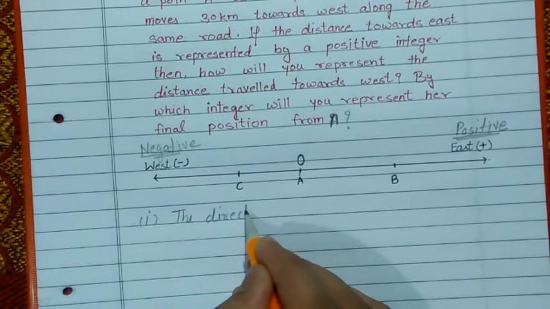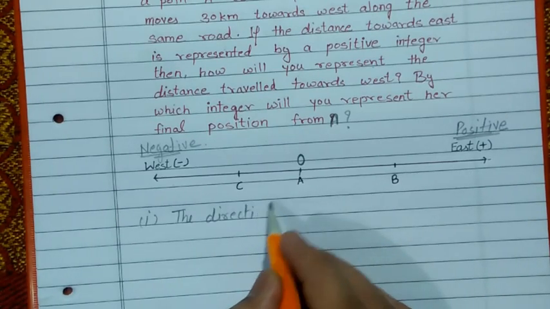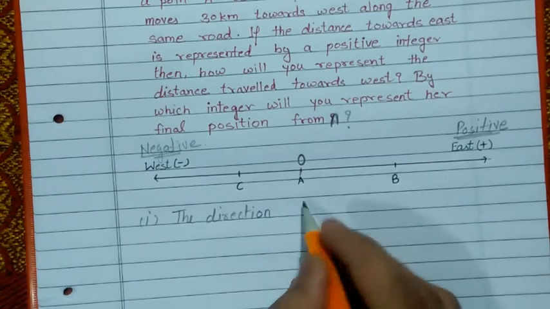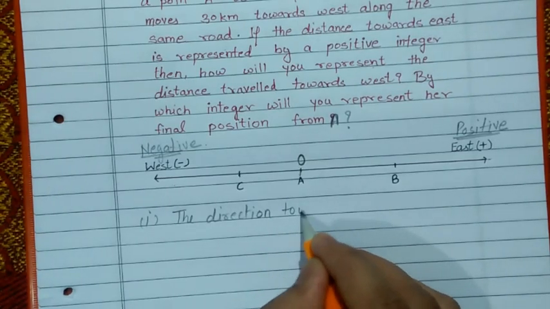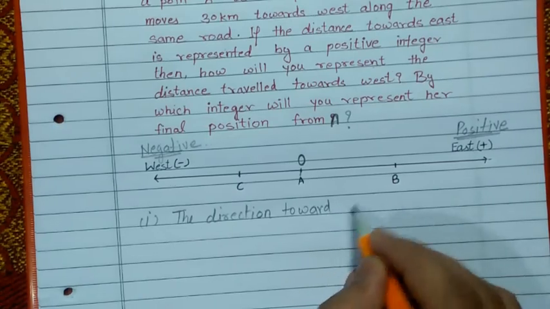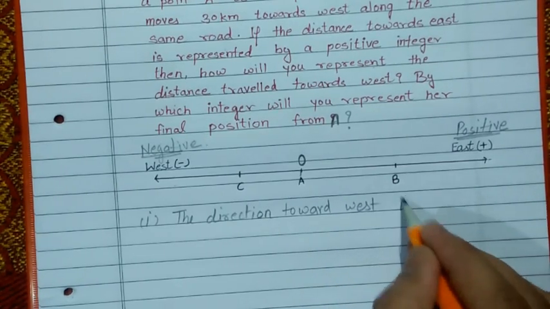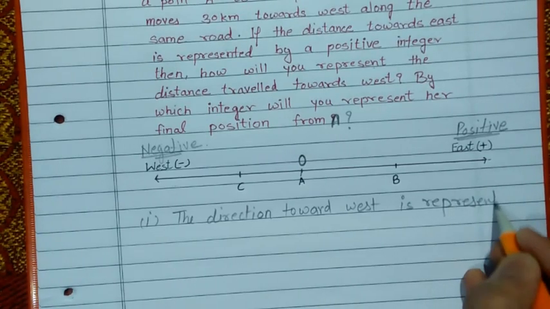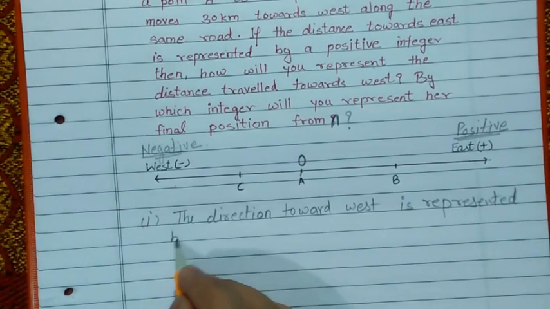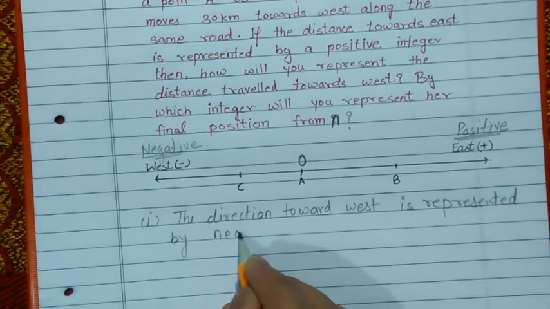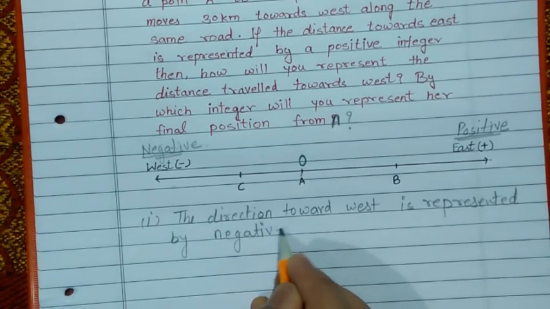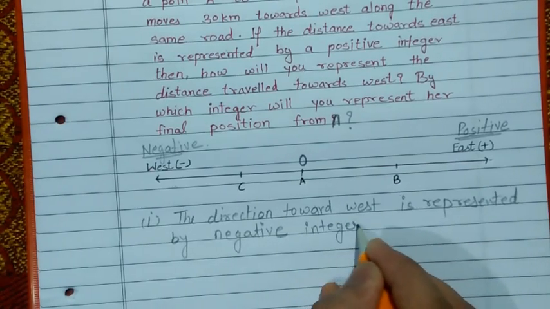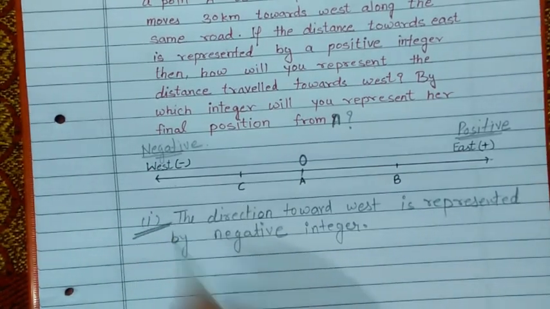The direction towards west is represented by a negative integer. Okay, this was the answer of the first question.